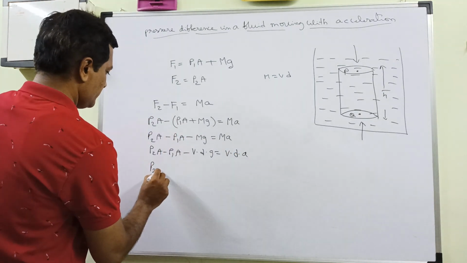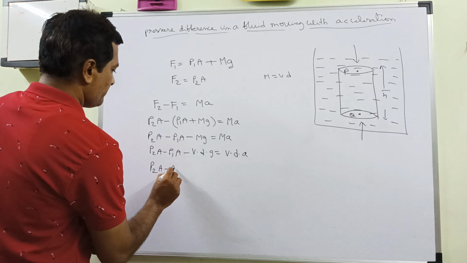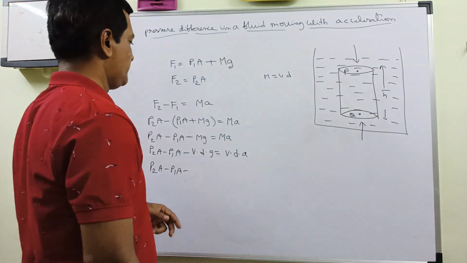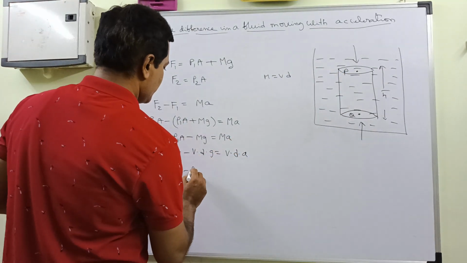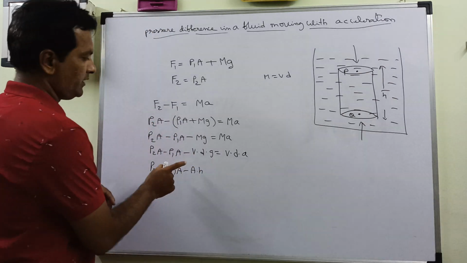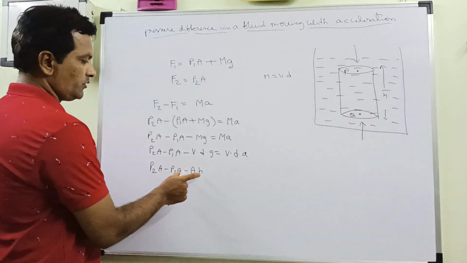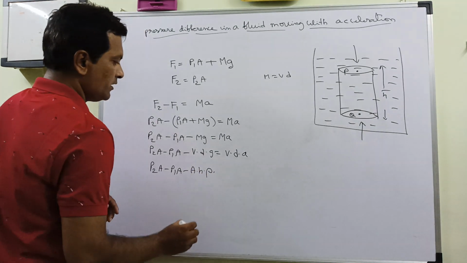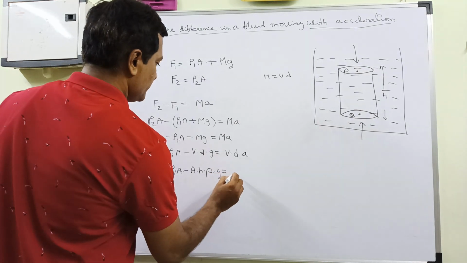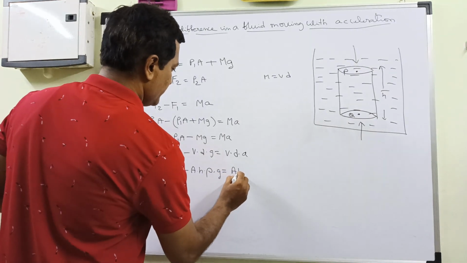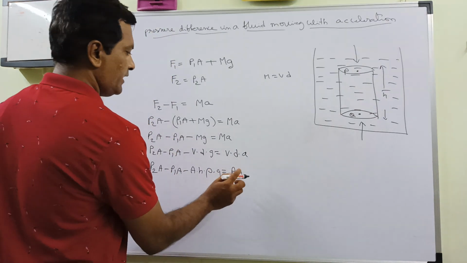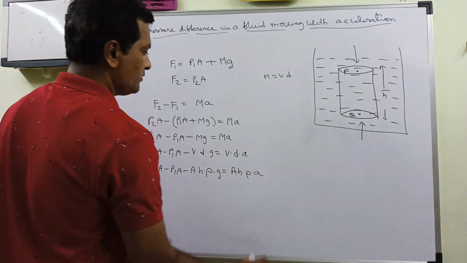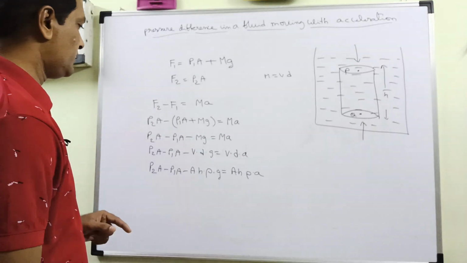Look at this: P2A minus P1A, and what is the volume? The volume of the cylinder is area of cross section into height, right? So with density of the fluid rho and gravity g, the volume is A h, so A h rho g, and on the other side A h rho a, with a the acceleration with which the fluid is moving. So this is the equation.